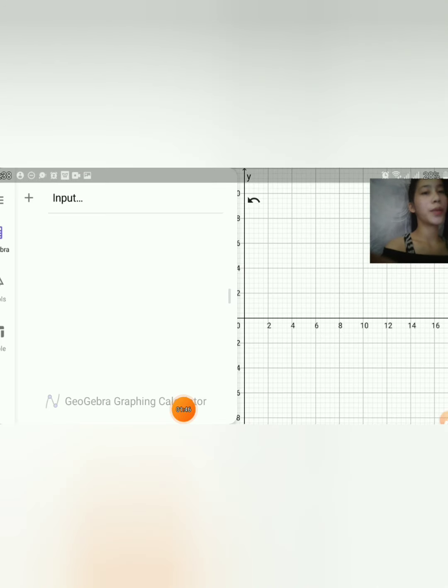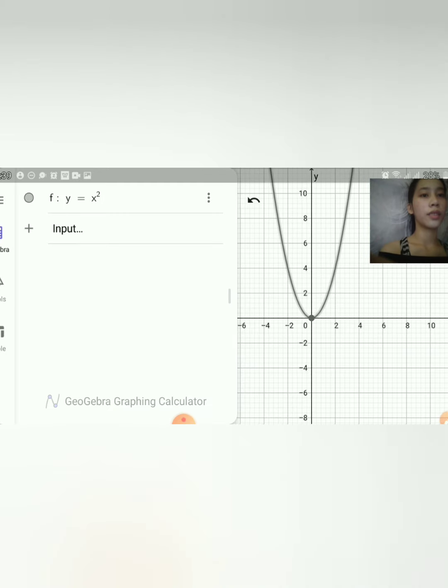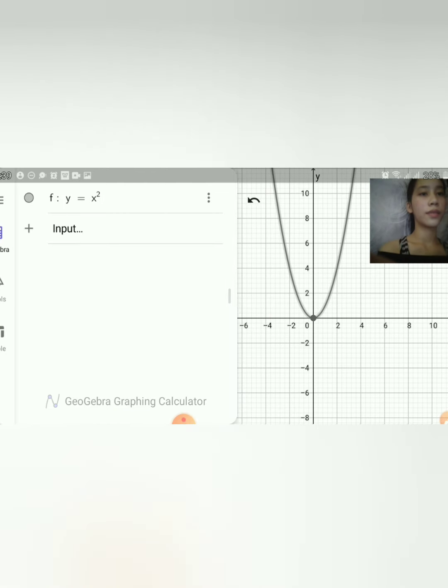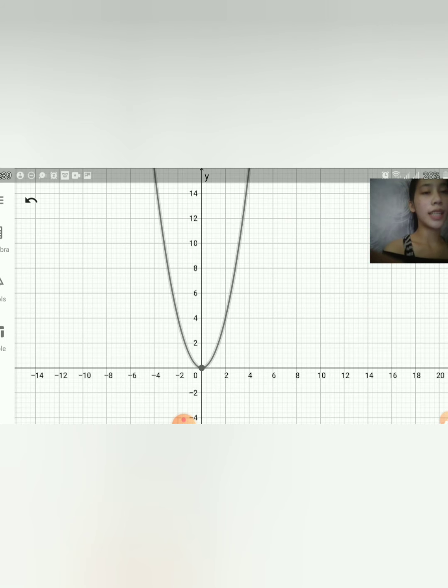So now we're going to graph the bijective function. For example, we have the equation y equals x squared. As you can see, it is a quadratic form.